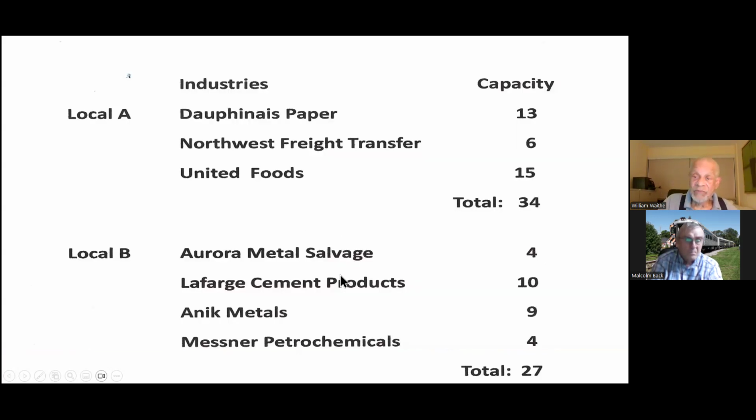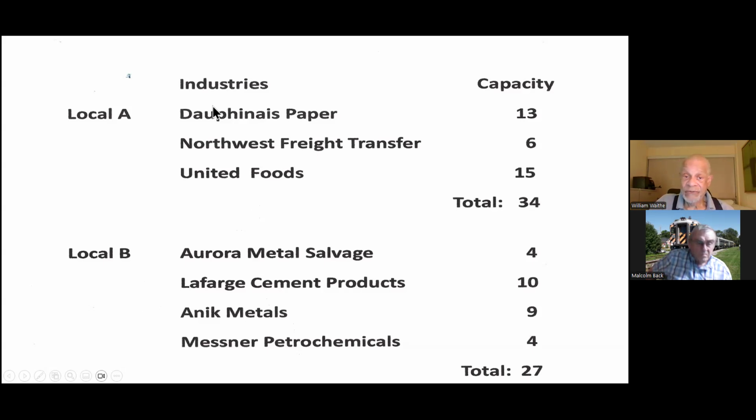So one thing we do with the yard capacity is that we have two locals, because to provide for the number of industries we have, there's a limit on how many cars you can have in a train. We limit it to 12 cars in a train.